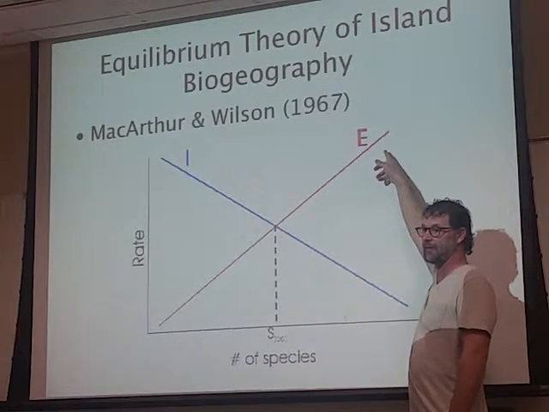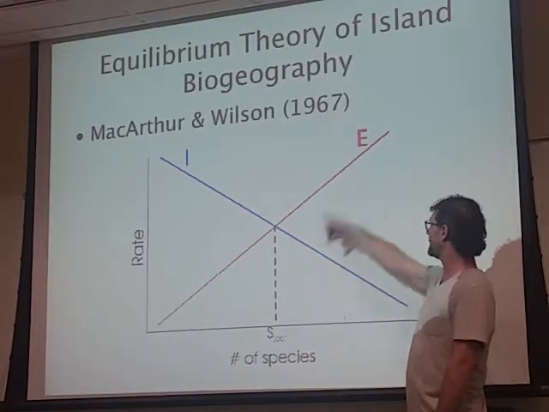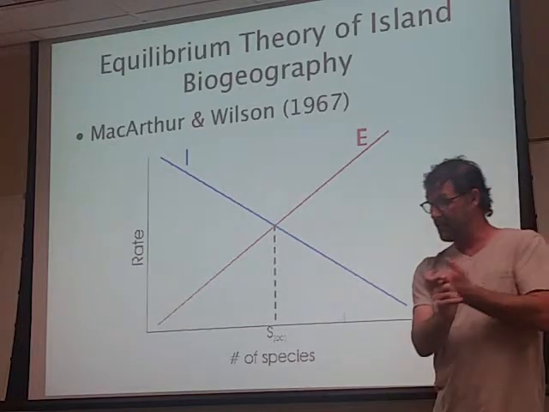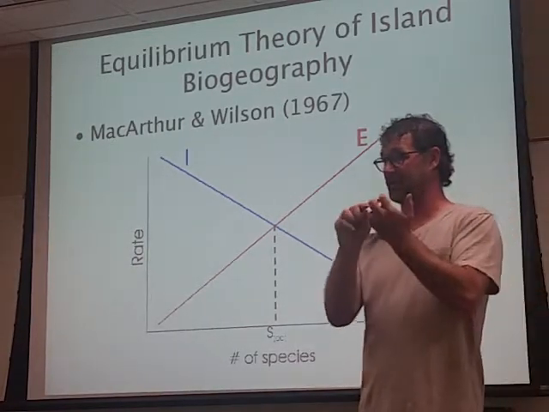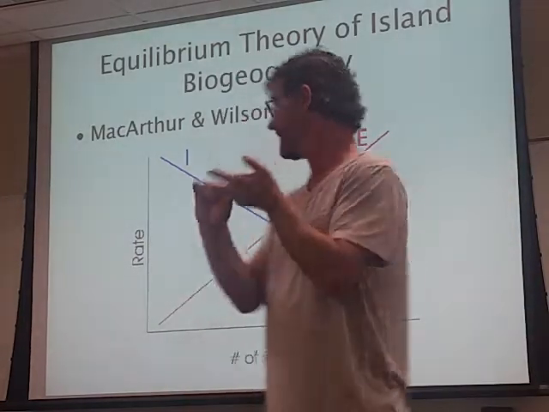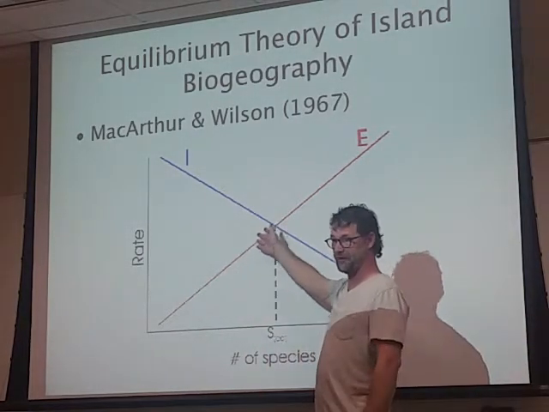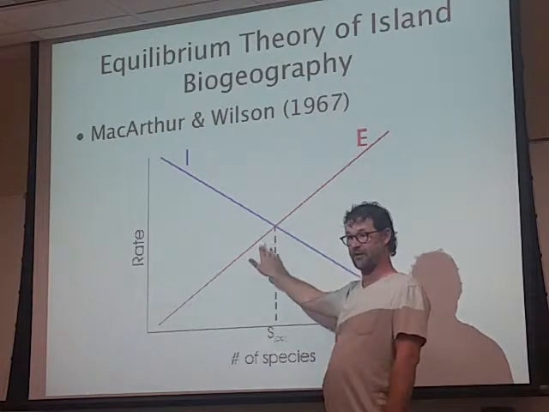Why would that be? As more species accumulate on the island, the resources are limited. That's right, you have limited amounts of food, limited amounts of shelter. So you're going to have two biological interactions working: competition and predation. As you accumulate more species, you're going to accumulate more competitors, and then eventually more predators. That's going to tend to limit the species.